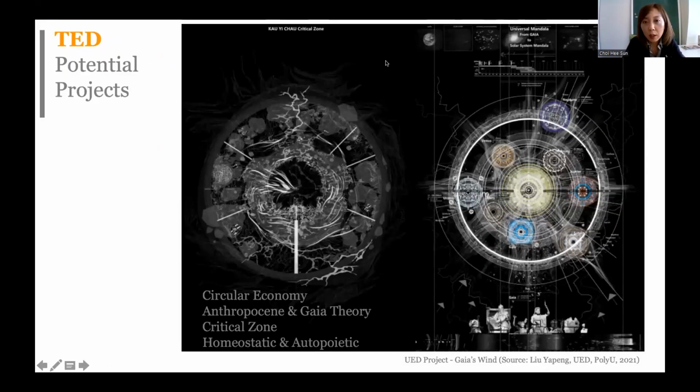In another year, 2021, one of the students, Yu Yang Peng, produced a really interesting project focusing on circular economy, anthropogenic and Gaia theory, using one of the small islands in Hong Kong, Kai Chau Island.